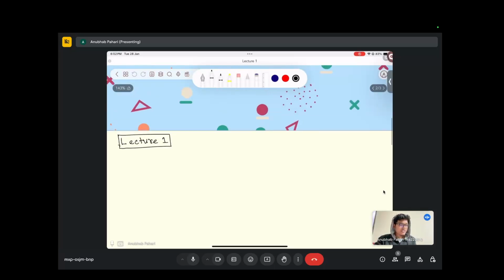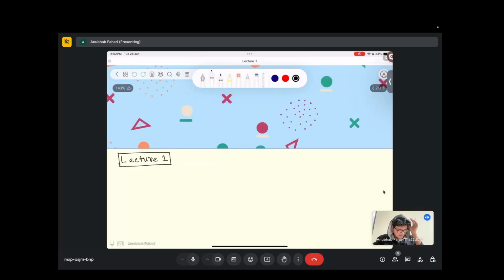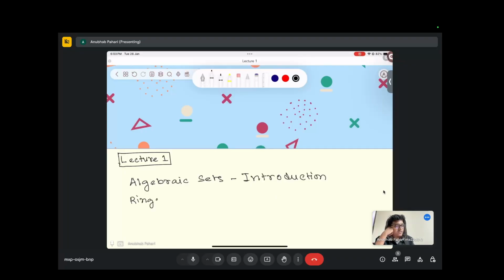In the first lecture, in the first week's syllabus, I think there were a few topics: algebraic sets, just an introduction, and second, rings, of course commutative with unity.